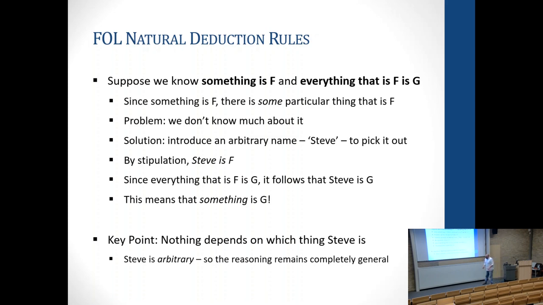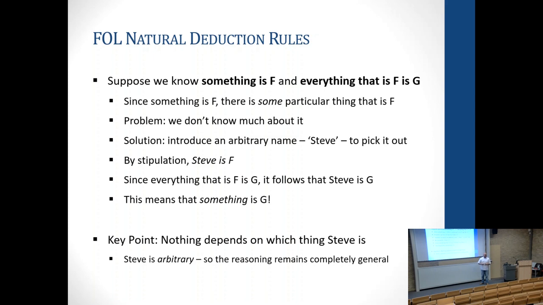So we introduce this arbitrary name Steve, and by stipulation, we know Steve is F. It's just part of who he is, or what he is. We then know, since everything that is F is G, Steve must be G. Finally, we get rid of the use of Steve, because that was just a way for us to talk, and we can go back to an existential and say, cool, so something is G. Who?